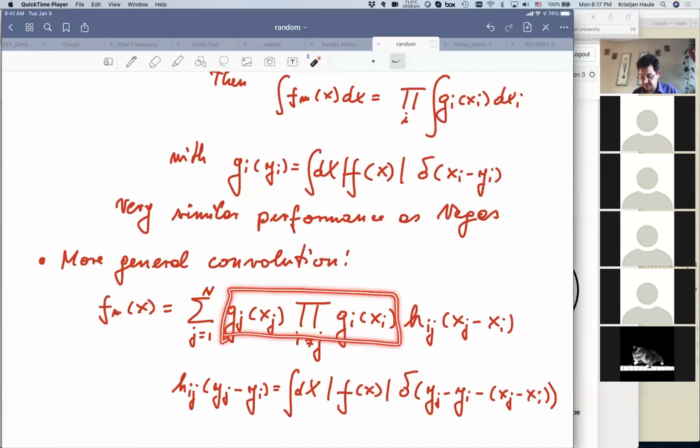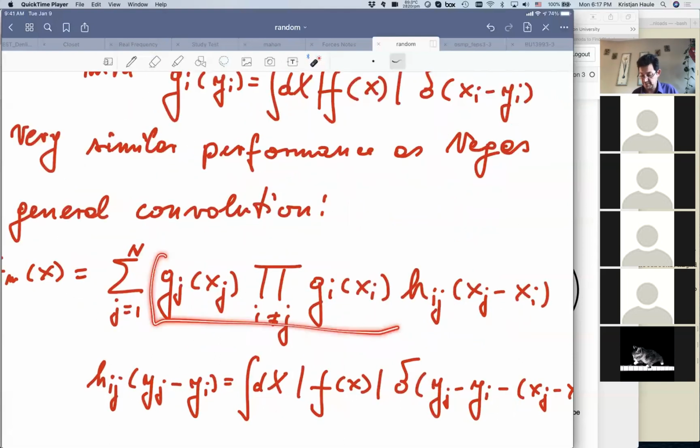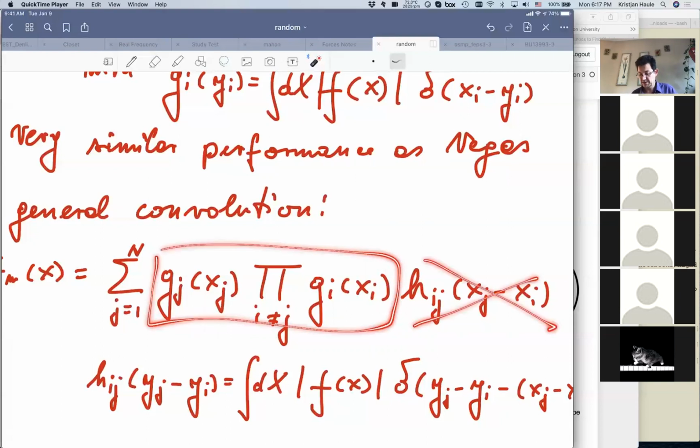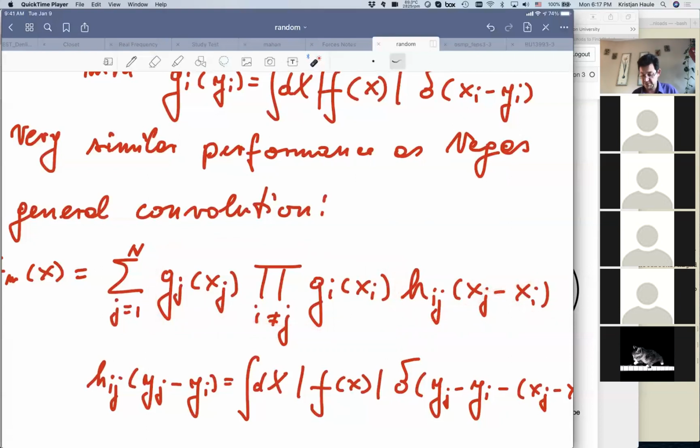So for example, this part here is now just like before, a product function. So you see, because this product i not equal to j, sum over j, actually then we can take any j if you want to, doesn't matter which one. So if we do just this part and no h, then this is exactly the same as before. It's just the product function over all dimensions.